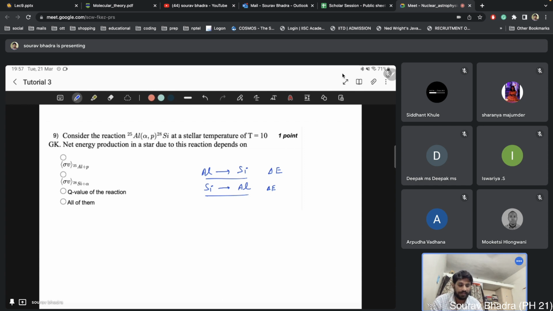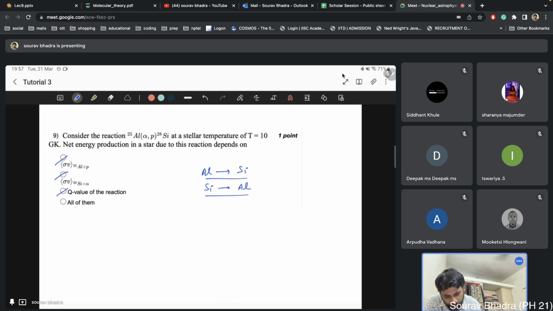That's why we get a resultant value of energy. But the point is that the forward reaction as well as the backward reaction both will contribute in the energy production, and I think this will also contribute because it is coming from the forward reaction, it is coming from the backward reaction, and the Q value is also important.